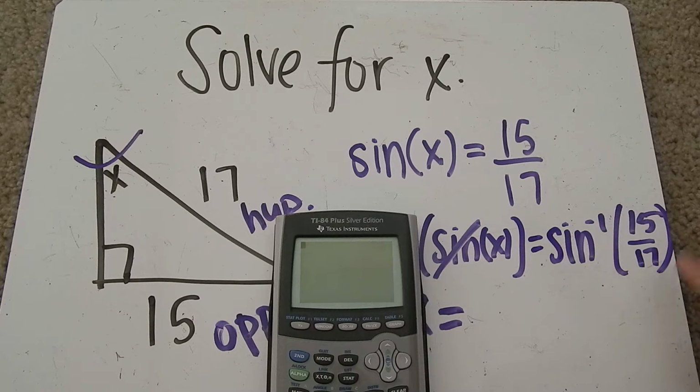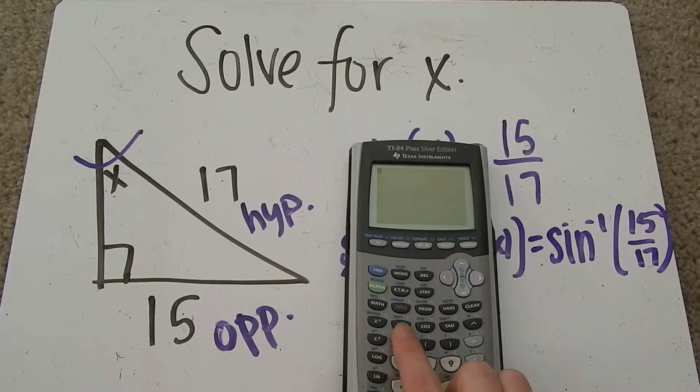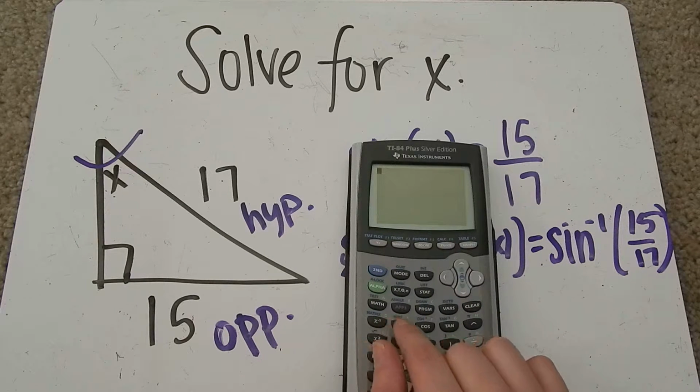Okay, now I just want to figure out what this number is by typing it into my calculator. So if you look really closely at the trig buttons, right above them, it will say sine inverse, cosine inverse, and tangent inverse. Since it's in blue, or on my calculator it's in blue, that means we want to press the blue button and then that button to get the inverse.